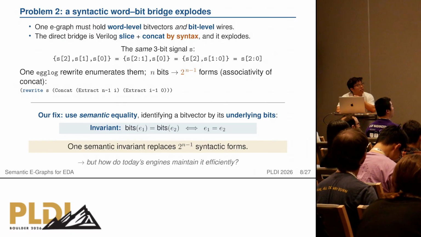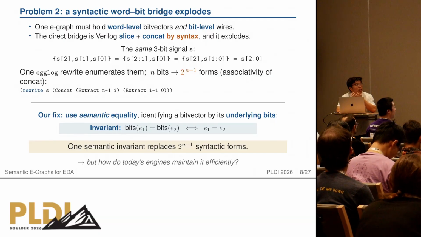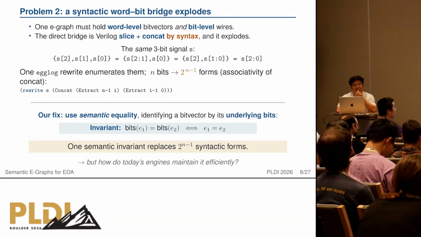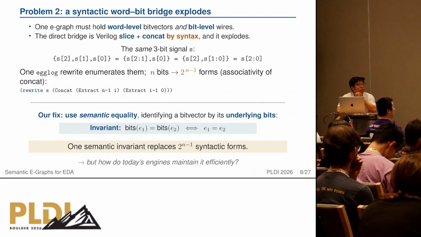Our fix is to use the underlying semantic equality: if the underlying bits of two bit vectors are equal, then the two bit vectors are equal. The insight is very straightforward, but we can use such a semantic invariant to replace the exponentially many syntactic forms.